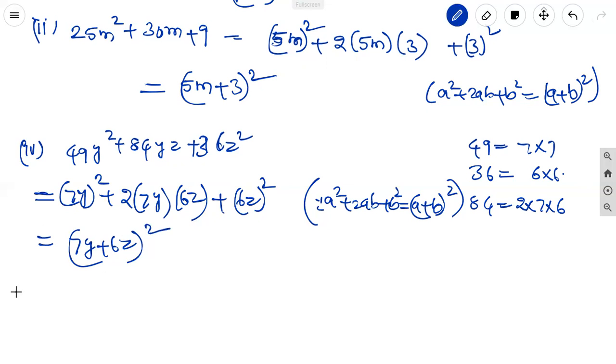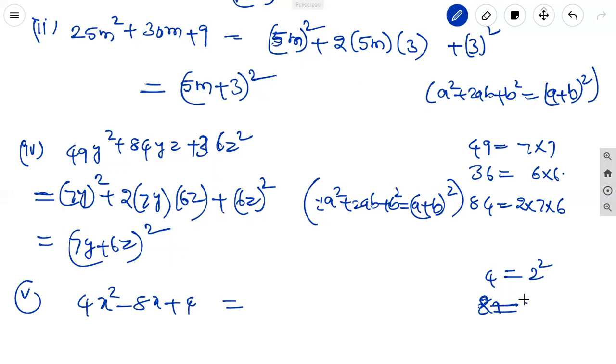Next question, fifth one. 4x square minus 8x plus 4. Here 4 is the perfect square, that is 2 square is equal to 4. 2ab or 8 is nothing but we can write it as 2 into 2 into 2.